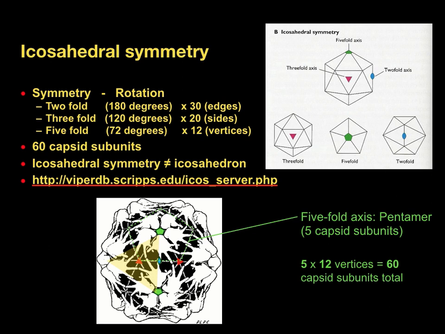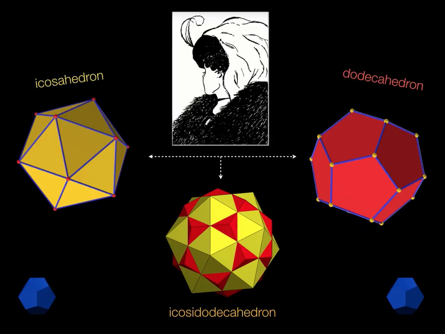Sometimes you can get confused because what you're seeing here is a pentamer, and you can be like, well, what I see there is not an icosahedron, it's a dodecahedron. So what I want to point out here is that they both have the same symmetry. So dodecahedron is basically a truncated icosahedron. So same with here. What do you see here?